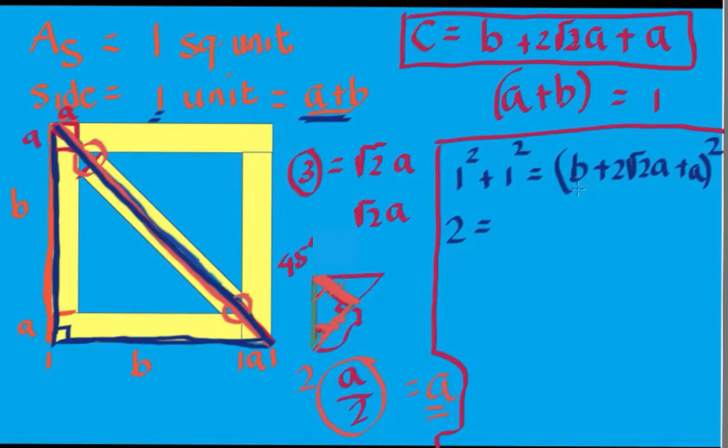And notice now here that this A plus this B together would result in A plus B also, which is equal to 1. So we also have here 1 plus the remaining expression 2 square root of 2 A, all raised to the second power. Now let's square the right side.